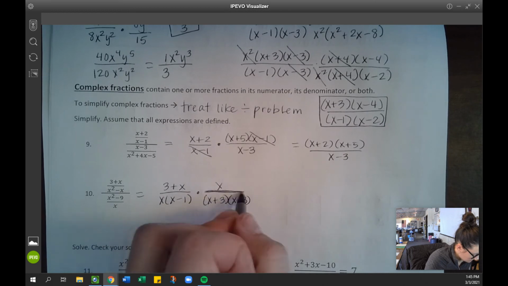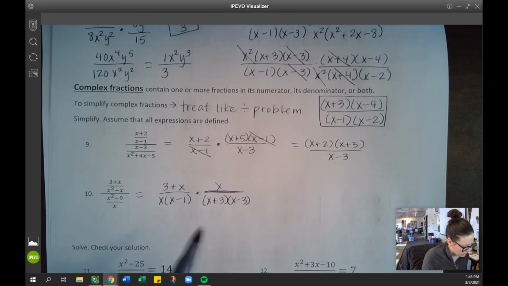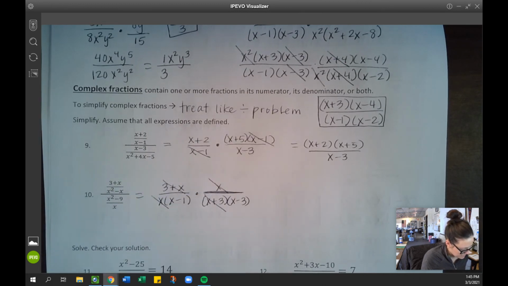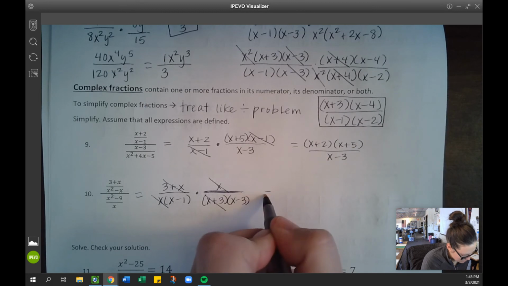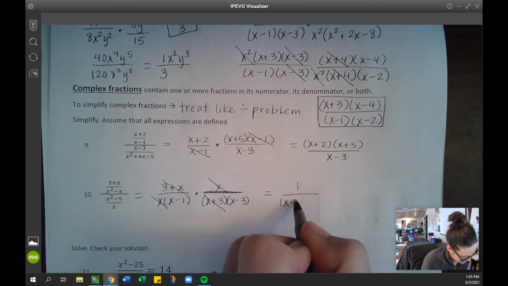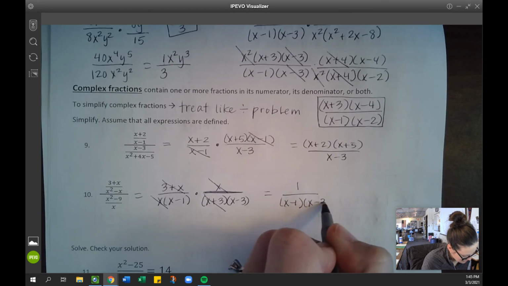And now let's see what I can cancel out. x plus 3 and 3 plus x are the same thing. Then I have x and x. Nothing is left on the top, so I just put a 1 there. And then on the bottom, I have x minus 1 and x minus 3.